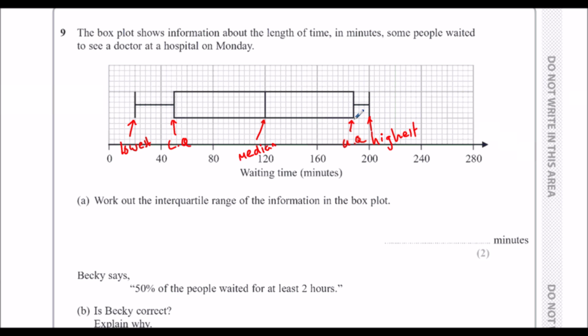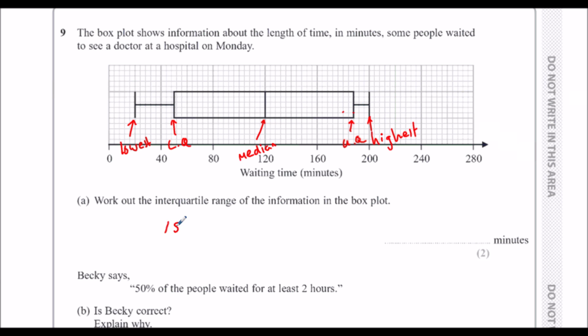So the upper quartile is, so 10 little boxes are worth 40. So 40 divided by 10 is 4. So each little box is worth 4. So halfway between 160 and 200, that's 180, 184, 188.